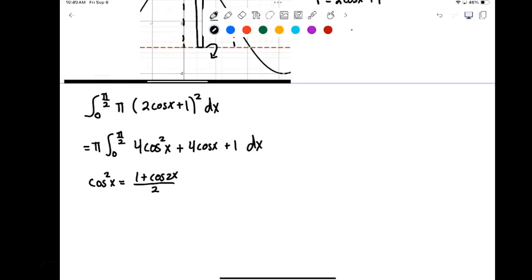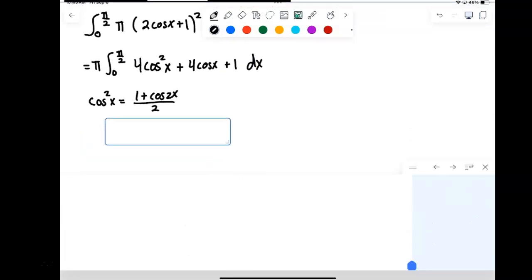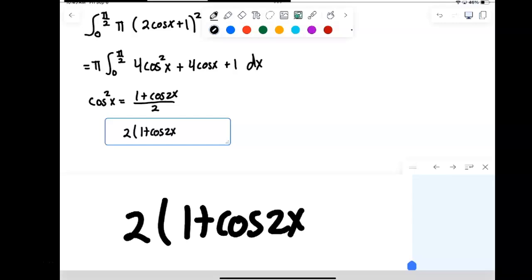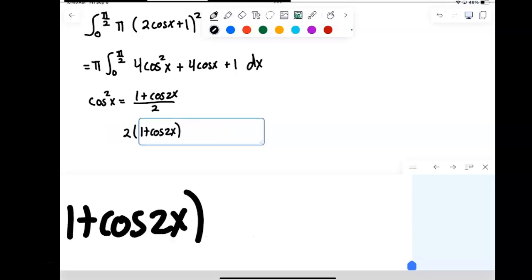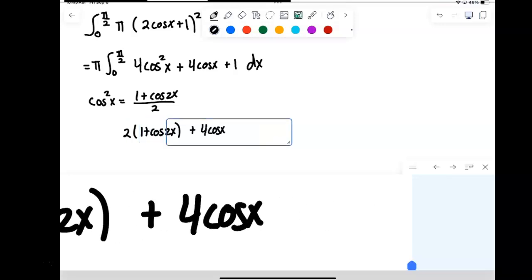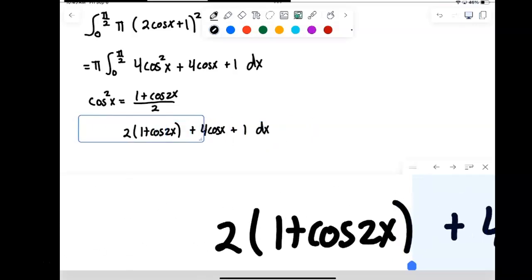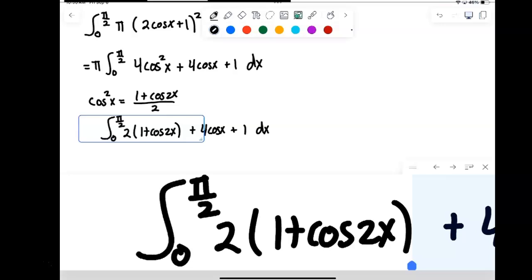So the 4 cosine squared is going to become 4 times 1 plus cosine 2x over 2. So that'll actually be 2 times 1 plus cosine 2x, and then plus 4 cosine x plus 1 dx. And that'll all be in the integral 0 to pi over 2 with the pi out front.